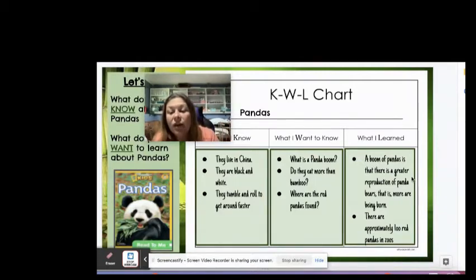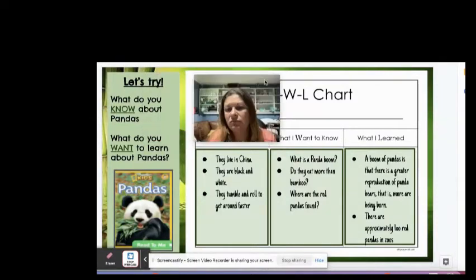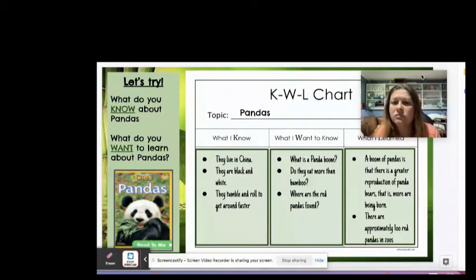There are approximately 100 red pandas in zoos. Now I'm also wondering, are there more somewhere else other than zoos, or are they only in zoos? But that is what I have learned today. How about you? Did you learn anything else?